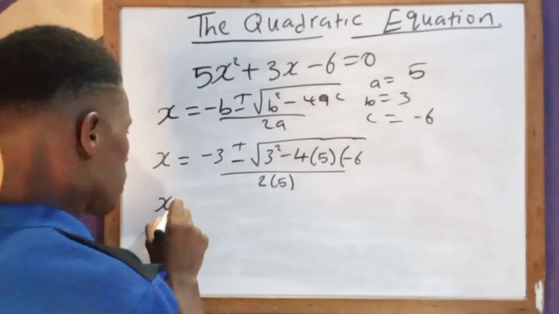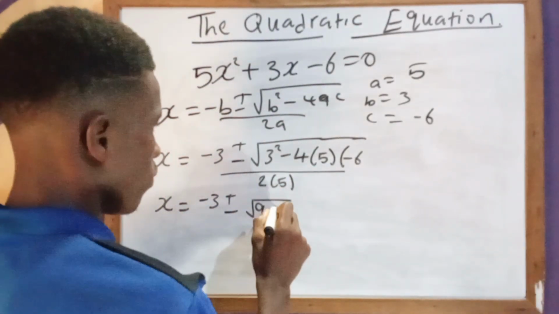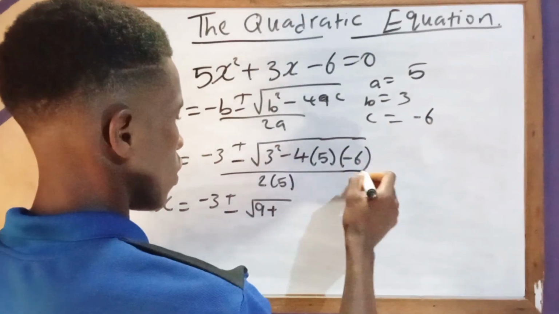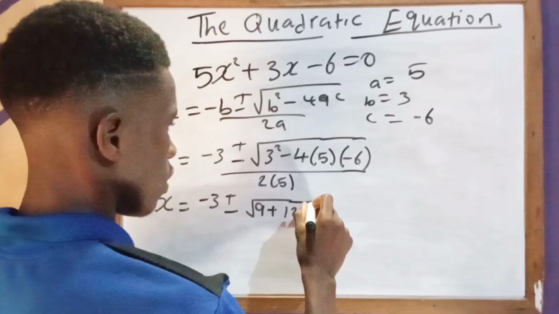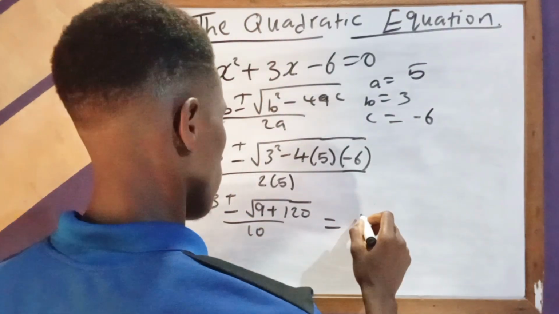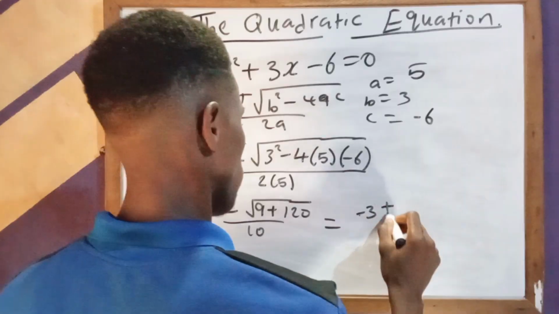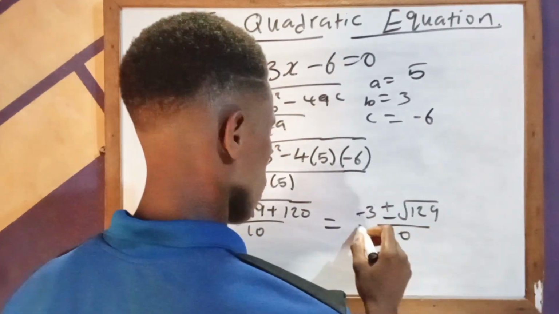So I have x equal to minus 3 plus or minus square root of 9 plus 120 over 10. So this is equal to minus 3 plus or minus square root of 129 over 10.